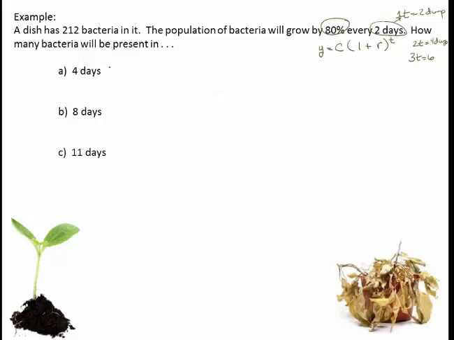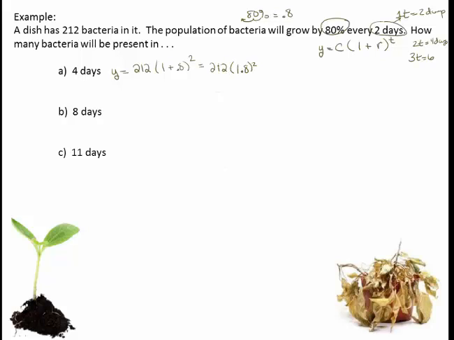So in 4 days, we're going to set up our formula. C is our starting point, so that's 212 bacteria. I need to convert 80% to a decimal, so I move 2 places to the left. That's 0.8, so plus 0.8. And I want 4 days, so t will be 2 in this case. So I'm going to do 212 times 1.8 squared.